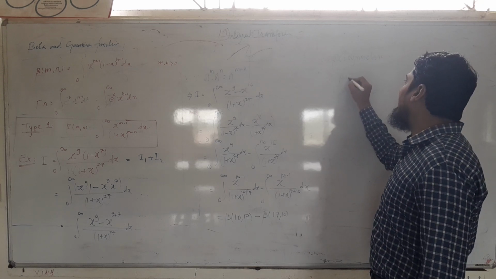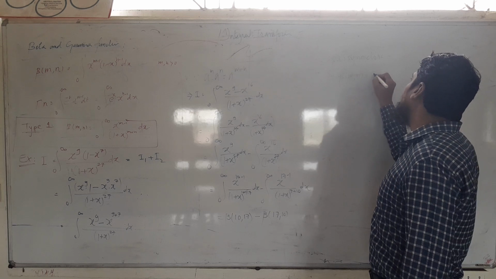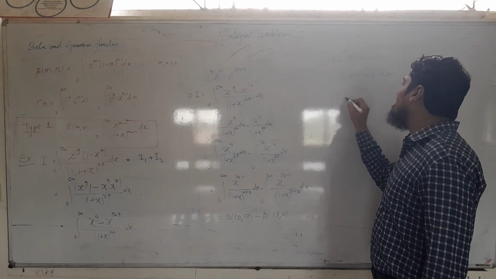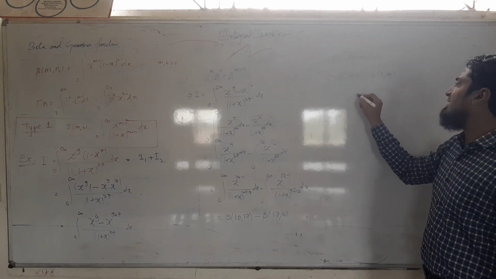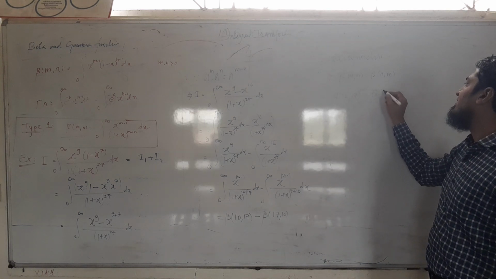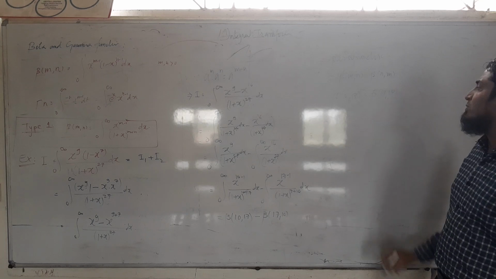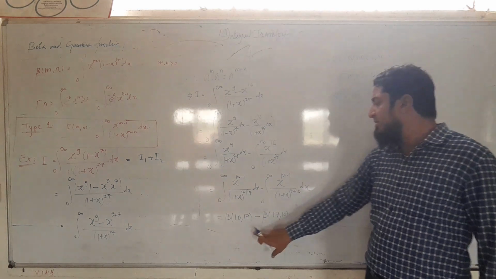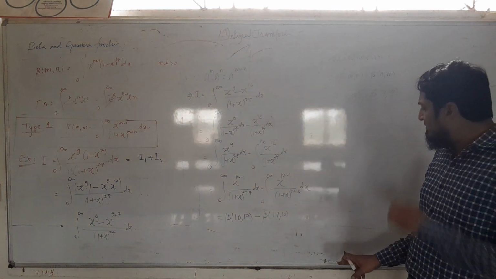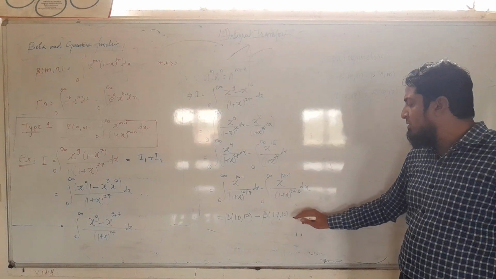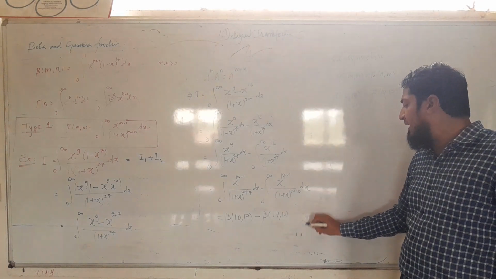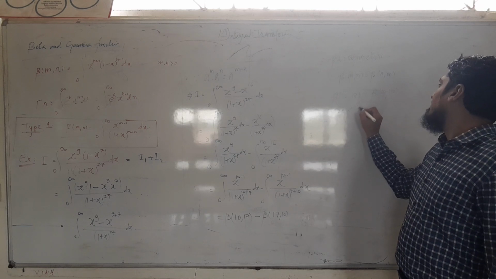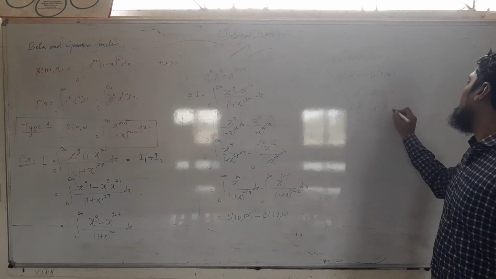therefore beta of m, n is equal to beta of n, m. Therefore beta of 10 comma 17 is equal to beta of 17 comma 10, both are equal. Therefore beta 10 comma 17 minus beta 17 comma 10, which is equation A, will give us 0.